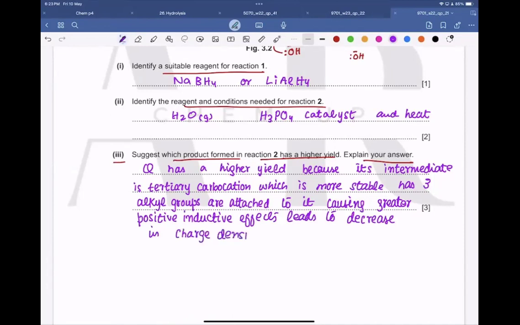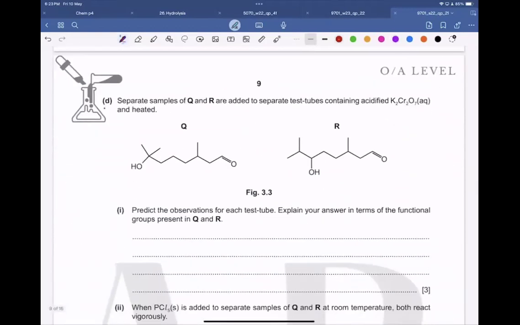And when the charge density of the carbocation decreases, it becomes stable. So it's less likely to be attracted by the nucleophile. That makes it stable: decrease in charge density of the carbocation.